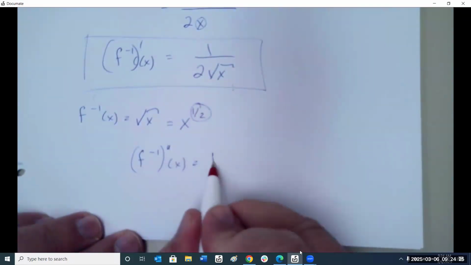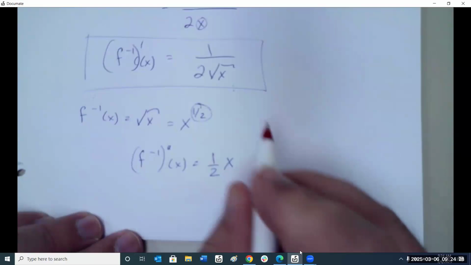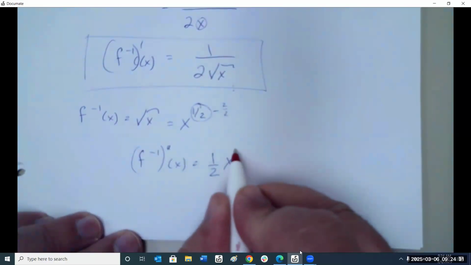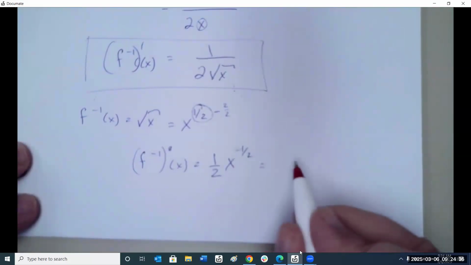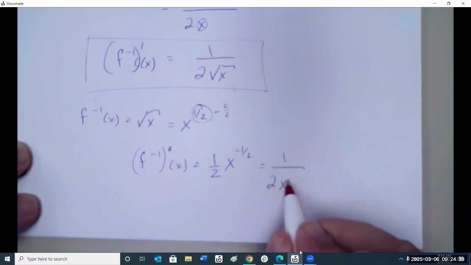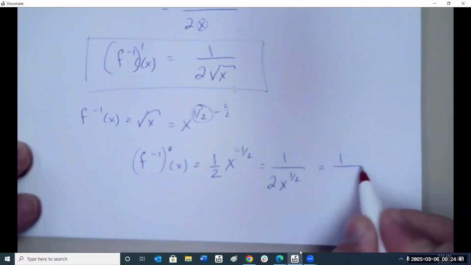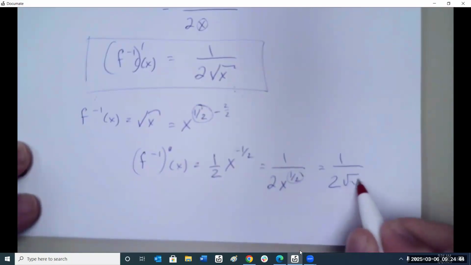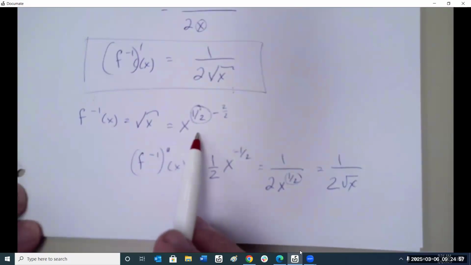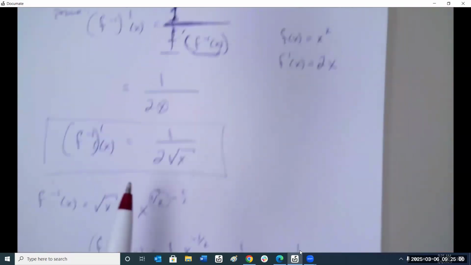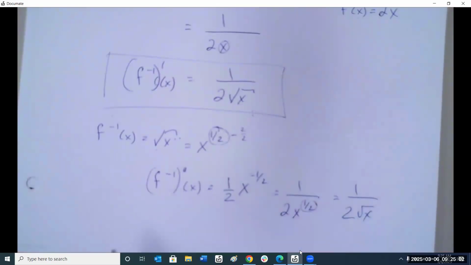The 1/2 comes out in front, and I subtract 1, which is 2 over 2, which is negative 1/2. Negative exponent, x to the power 1/2. Power 1/2 is the square root of x. So that just proves to us that it's going to work no matter what. So we can always go back to the old-fashioned way of changing exponents, or we can just use this formula and it's just automatically going to work.